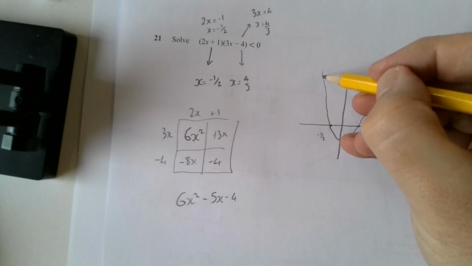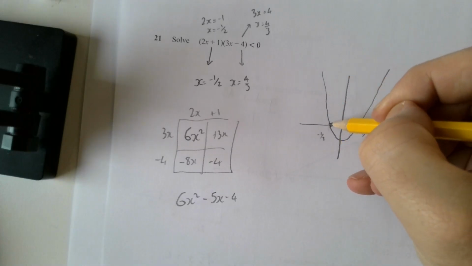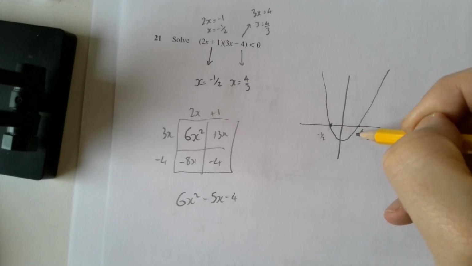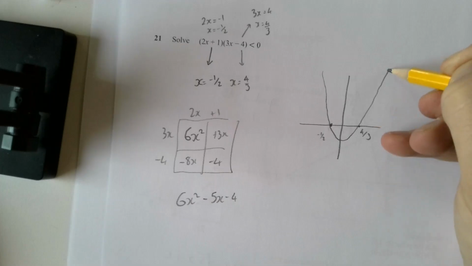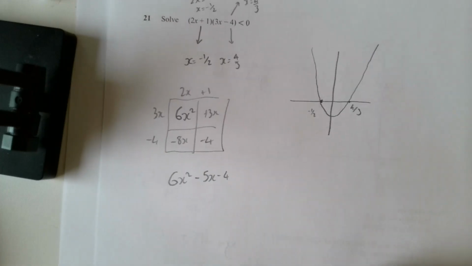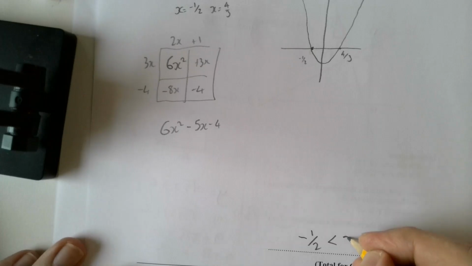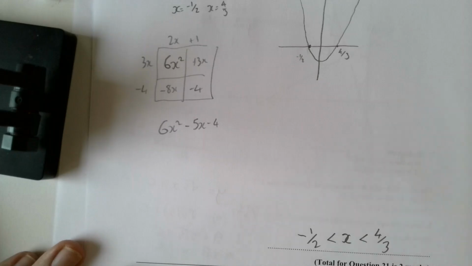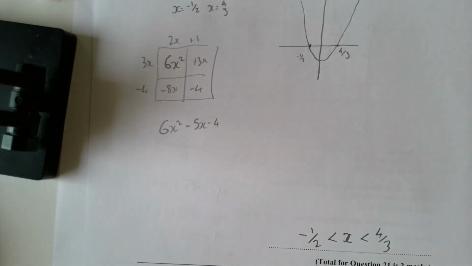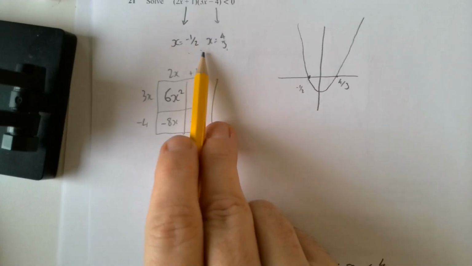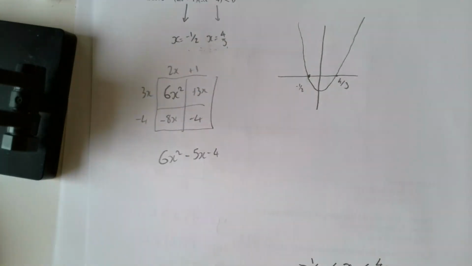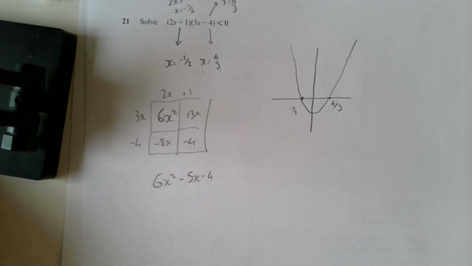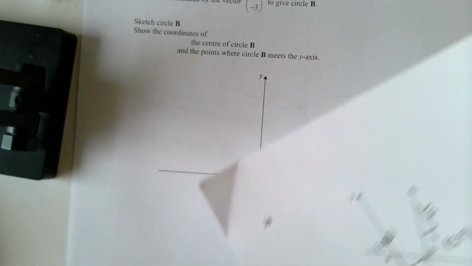So it's not less than 0, it's equal to 0 there. Less, equal to 0, more. So the only time it's less than 0 is when x is between negative a half and 4/3. Actually, not that bad. If I just wrote down those two values, I'd get a mark on that question. Lots of my class expanded it out, but they are the critical values, as they call them.